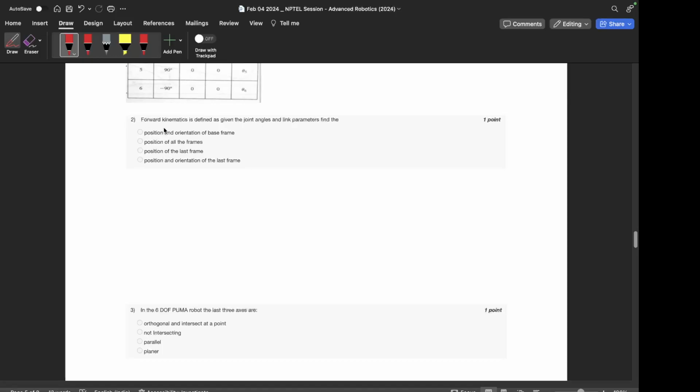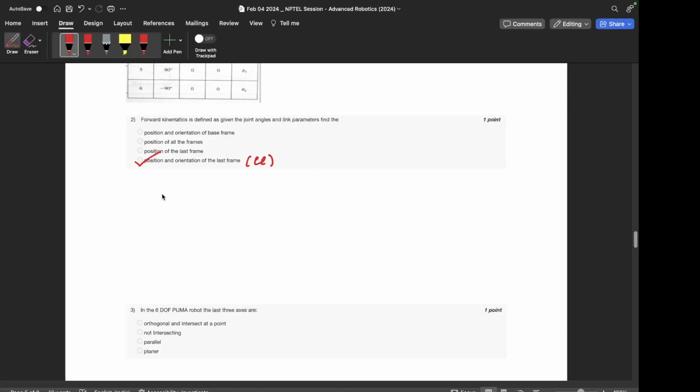Next question is, forward kinematics is defined as given the joint angles and link parameters, find the, what do we have to find? As we discussed, the position and orientation of the last frame, or the end effector E, right?